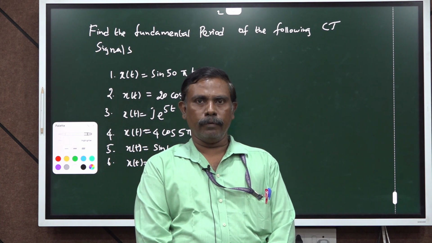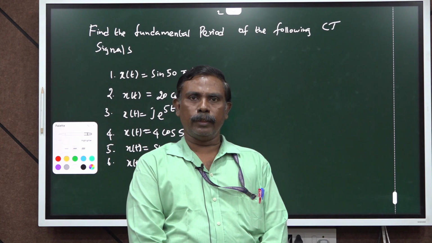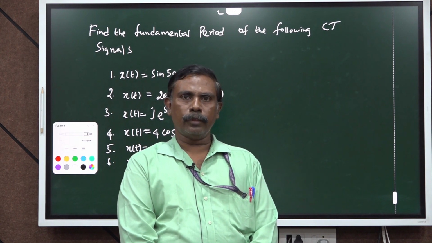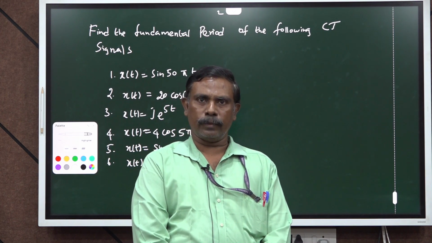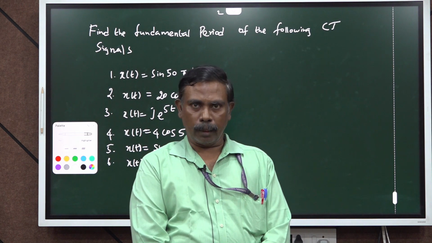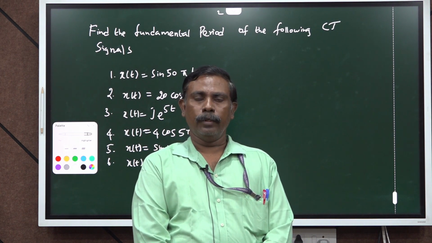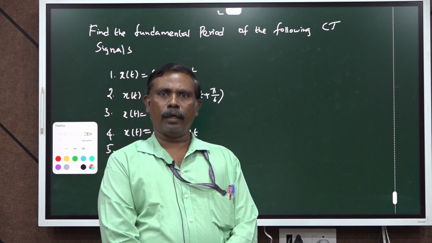For example, the sine wave and cosine wave repeat periodically every 2 pi, from 0 to 2 pi. I also gave some examples of aperiodic signals: a large electrical spike, thermal noise, our speech signal, etc. Today we have to solve whether the given signal is periodic or not.